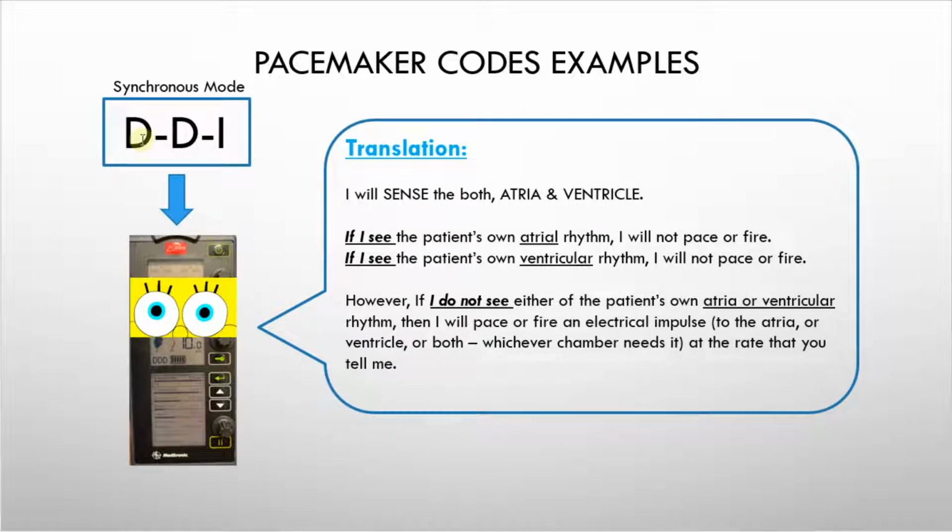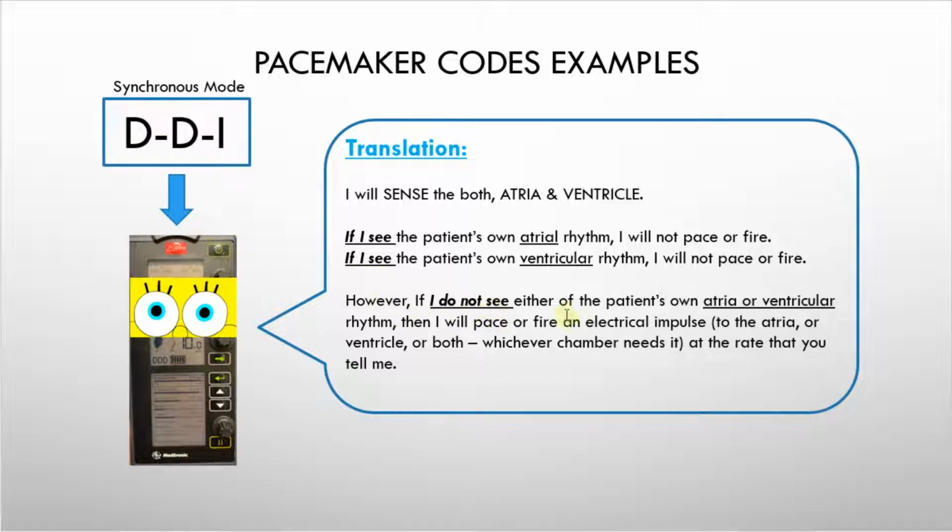Which brings us to the next mode, which is DDI. If we input this mode into the pacemaker, it will think, okay, I will sense both, because D is for dual, atria and ventricle. If I see the patient's own atrial rhythm, I will not pace the atria. Now, if I see the patient's own ventricular rhythm, I will not pace the ventricle.